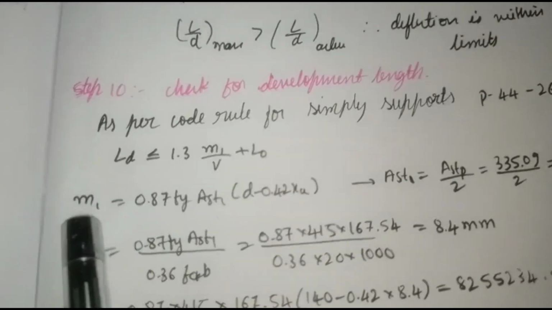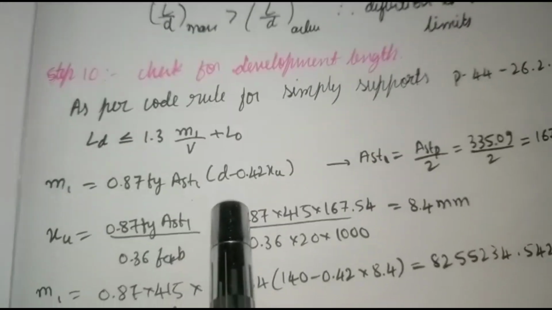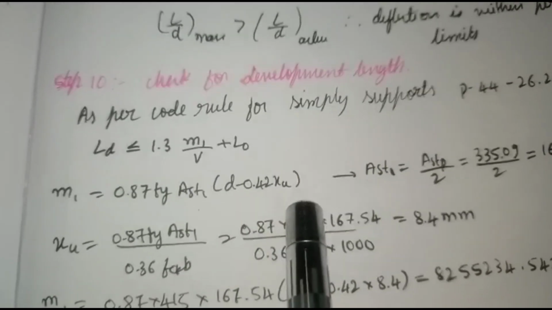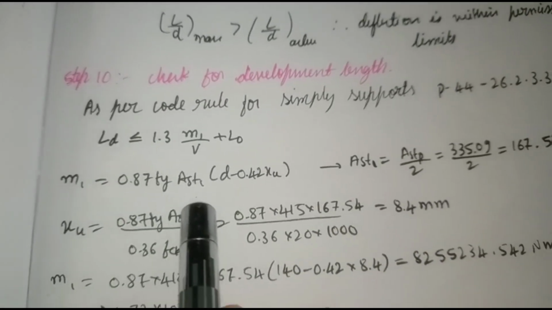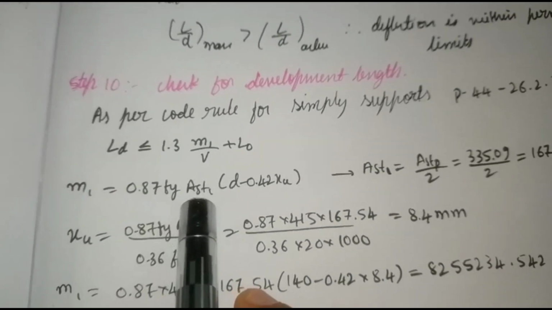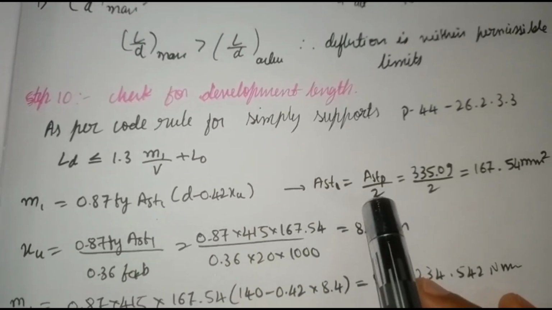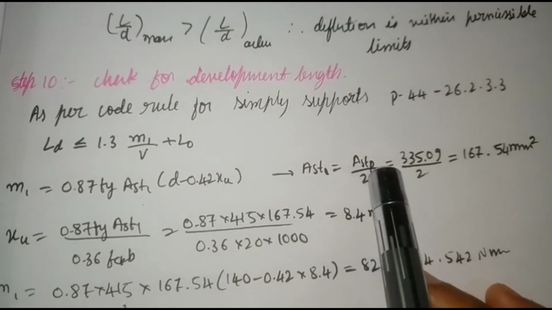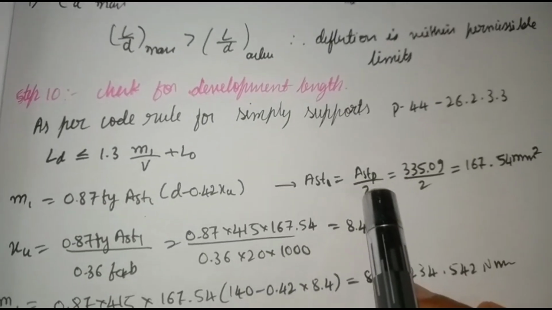For M1 we have the formula 0.87 Fy AST1 into d minus 0.42 into xu. Here, what is unknown? AST1 is unknown. To find AST1 we have the formula: AST provided divided by 2. AST1 is nothing but half of the AST provided.